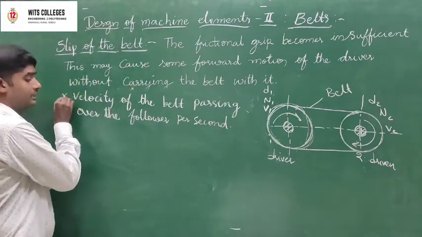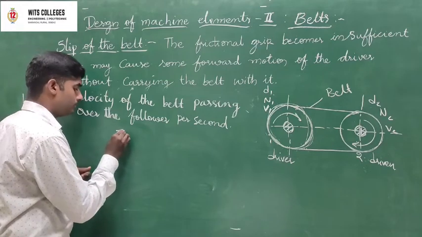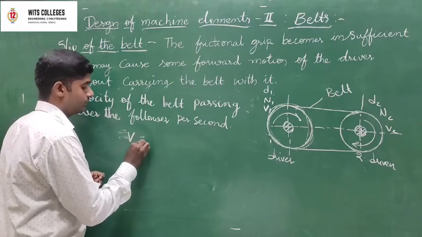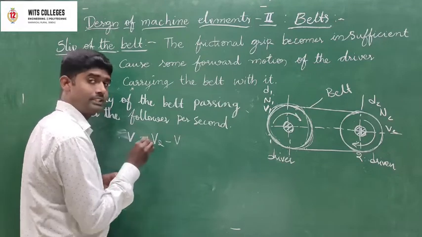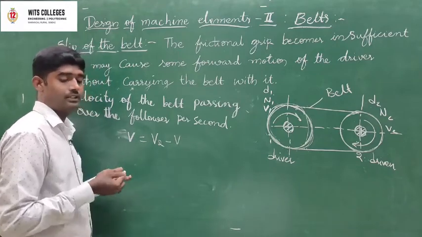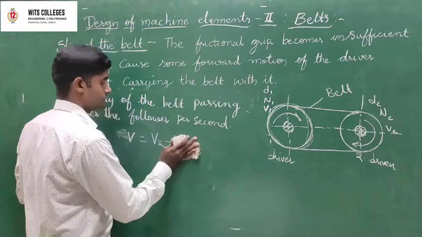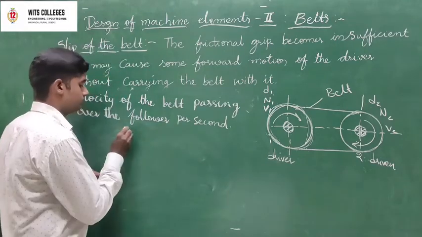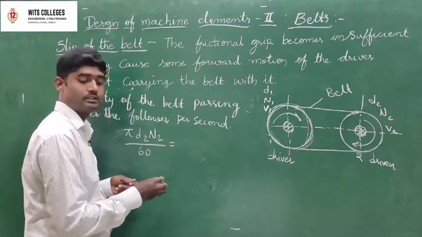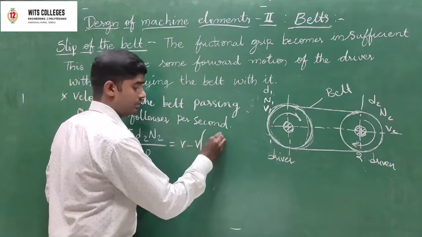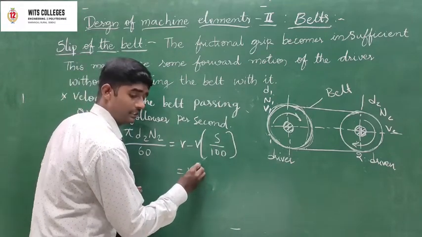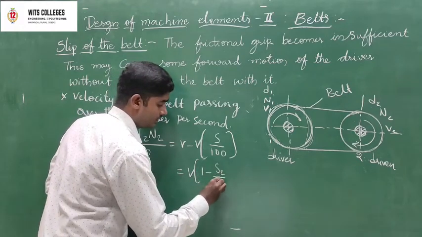This is another condition. In this condition, V2 is equal to V minus V into S2 by 100, that is, pi D2 N2 by 60 is equal to V into 1 minus S2 by 100.